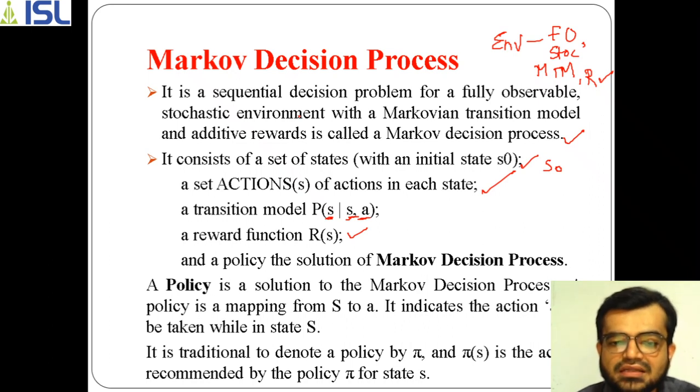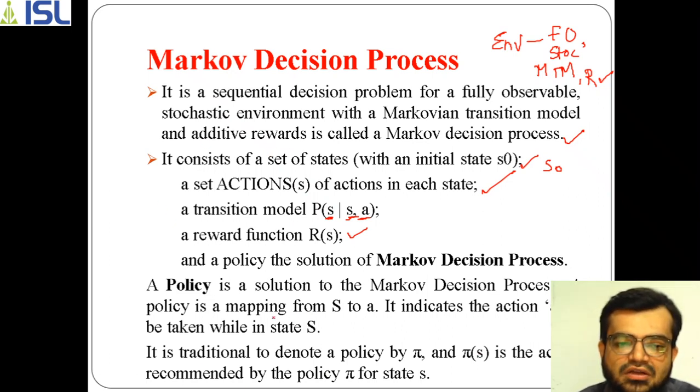So for that we require some kind of solution, some rules that have to be adopted by an agent in order to reach the destination state. The solution of the Markov decision process is called a policy.